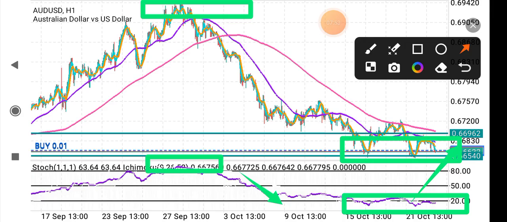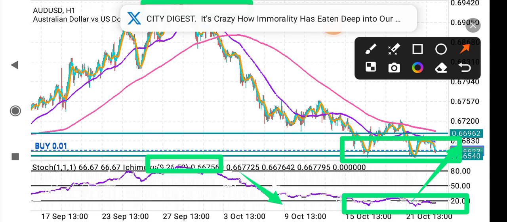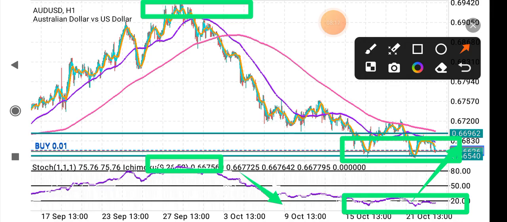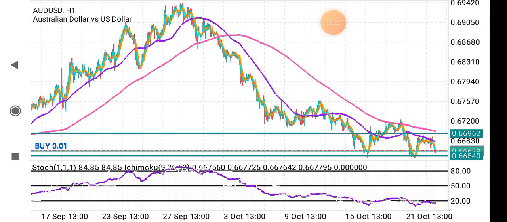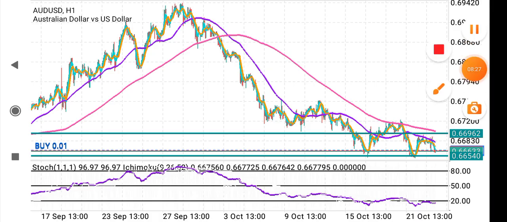The other condition, we have to come back to the main chart. So on the main chart, I have those moving averages, which I'm going to give you the settings later. But at first, I want to show you how things are moving.